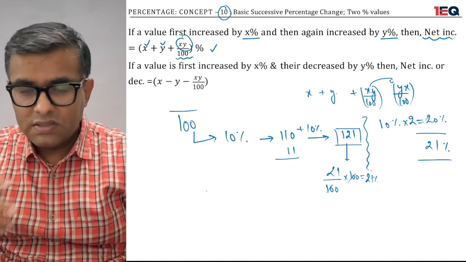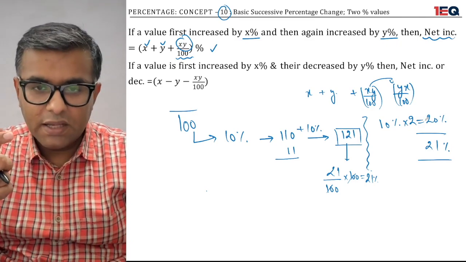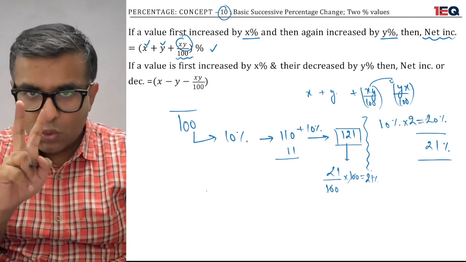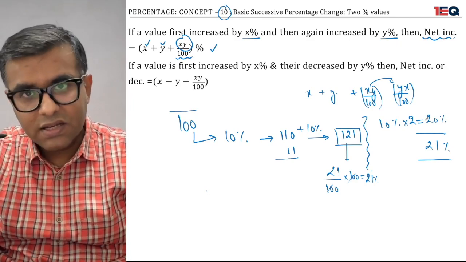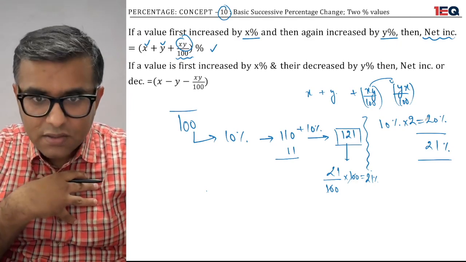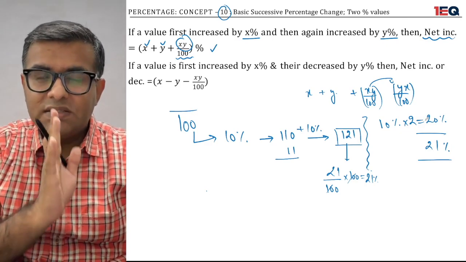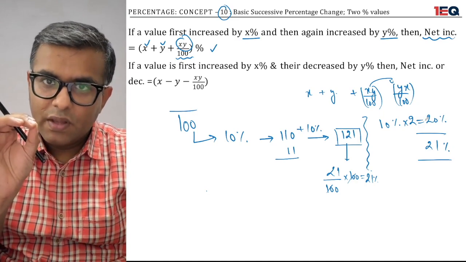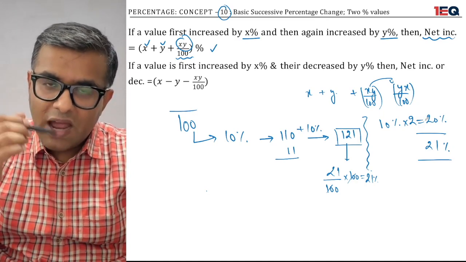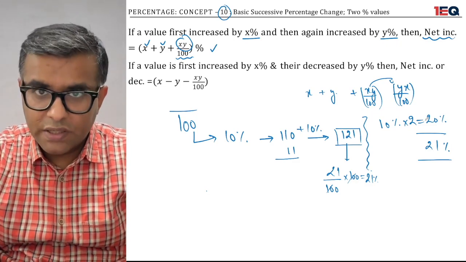If we were doing just two percentages, we were incrementing the base value twice, then how could there be an extra 1%? My explanation to you is that once the base is being incremented, then that base now has the incremented value attached to it.